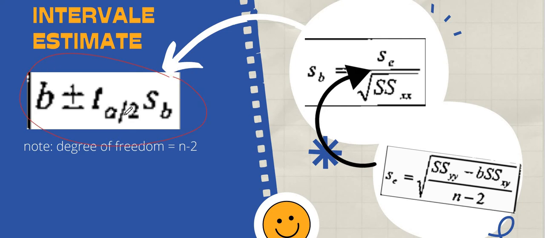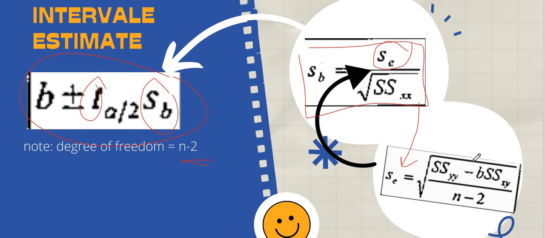The interval is b plus minus t alpha over 2 times sb. For this chapter there is no large sample or small sample distinction. We use the t table, not z, and the degree of freedom is n minus 2, not n minus 1. SB is given by these two formulas. This is the equation for SB, and inside it you need to find your SE, and this is the equation for SE.